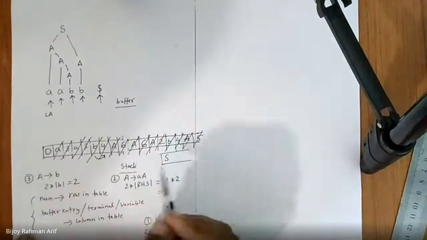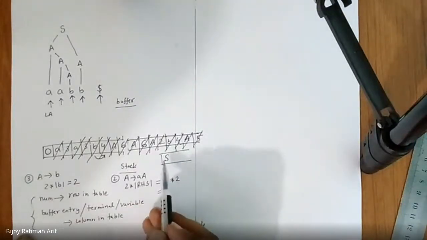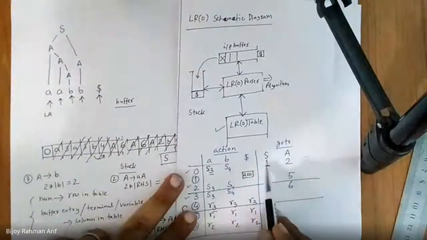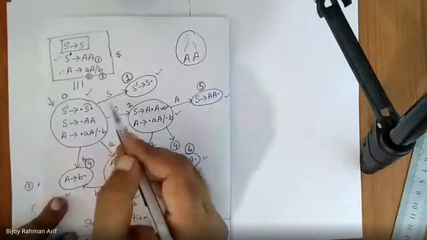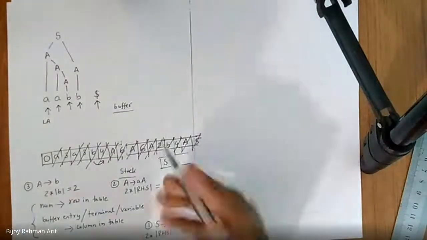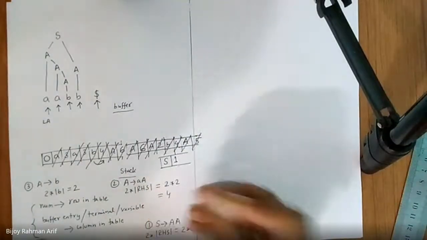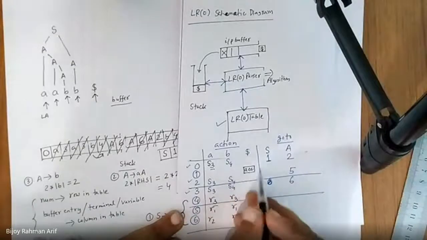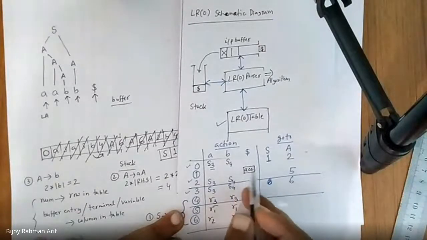Now what is just before S? All back to 0. So 0 seeing S goes to state number 1. Now 1 is seeing dollar. What is the entry? Accepted.